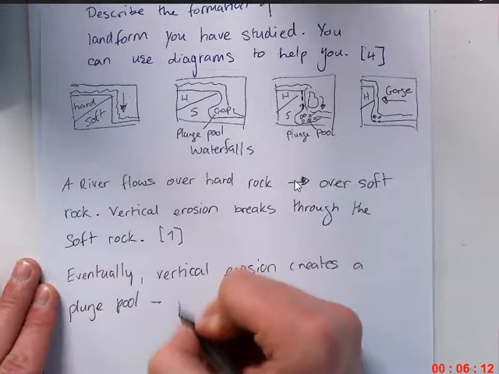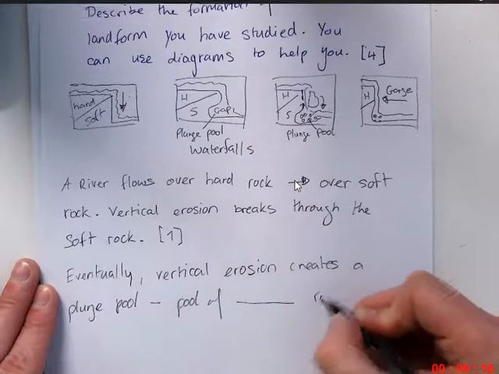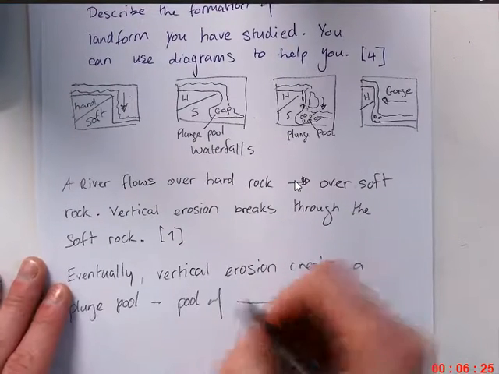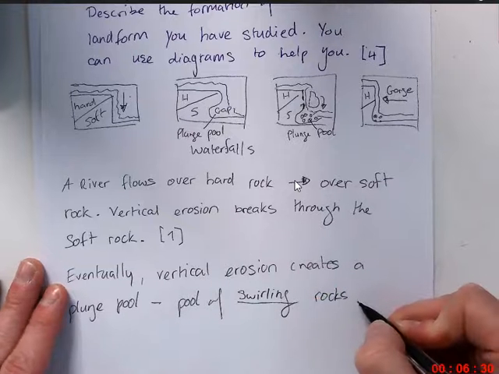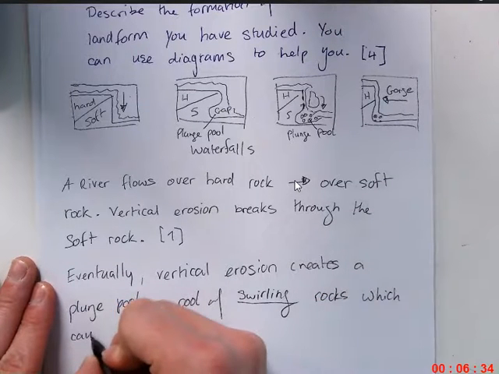Which is a pool of what type of rocks? I mentioned the word earlier on where they move around. Yeah, well, they are pebbles, but what are they doing? They're swirling around, okay? Swirling rocks, okay? Which cause what process to happen?